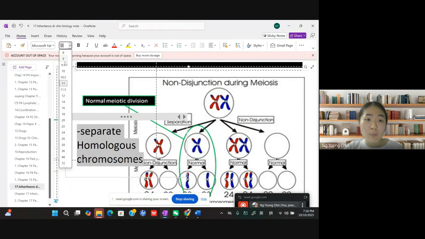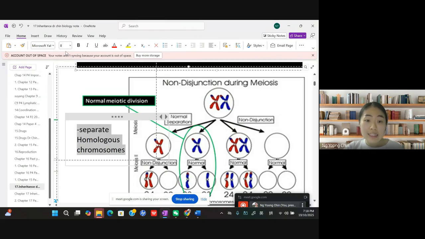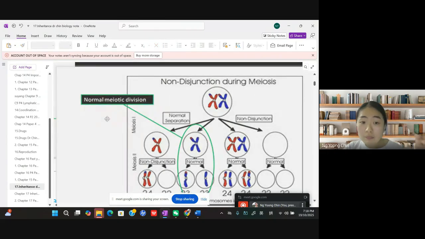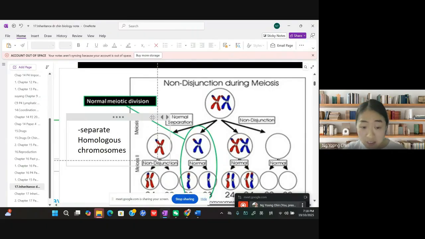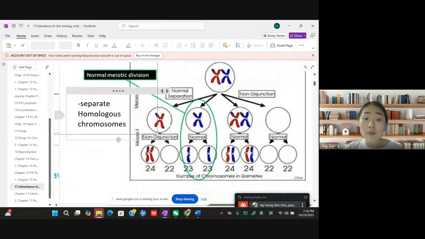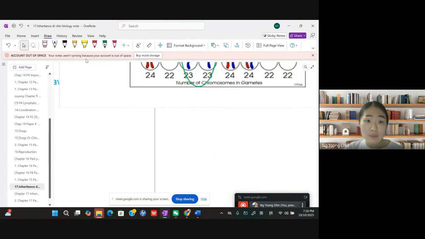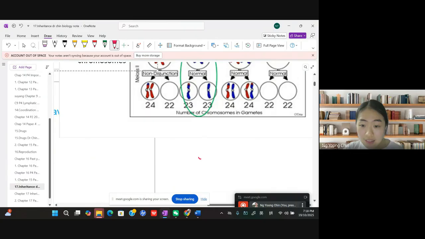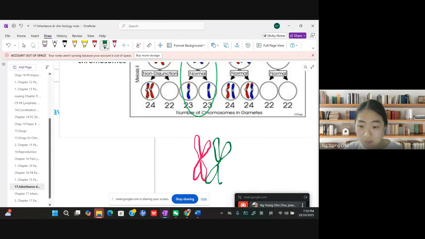What is meant by homologous chromosomes? Homologous chromosomes refer to chromosomes which have the same length and the same position of the centromere. When you draw this chromosome, it will be something like this, and then this will be another pair. One is from the father, one is from the mother. You can see the same length, same position of the centromere. So this is called homologous.